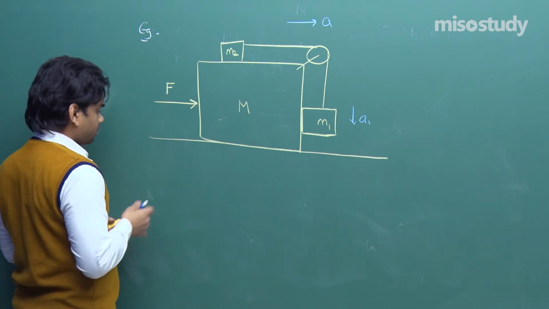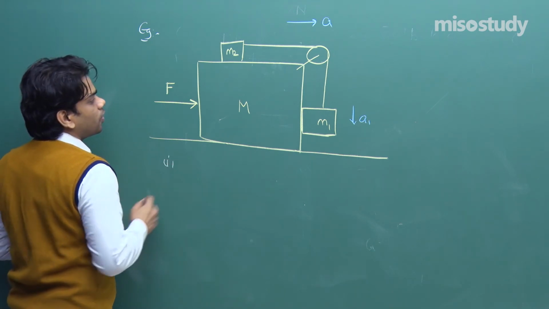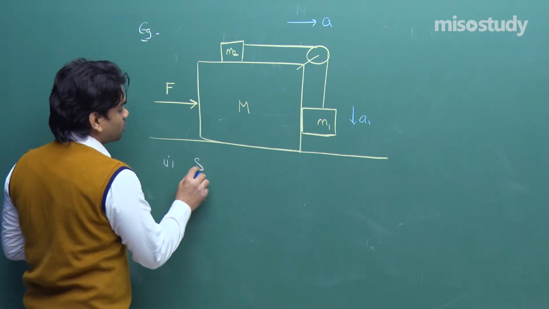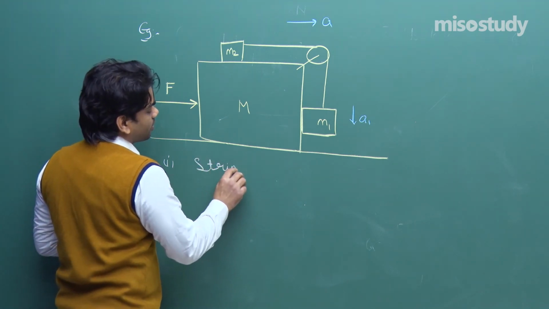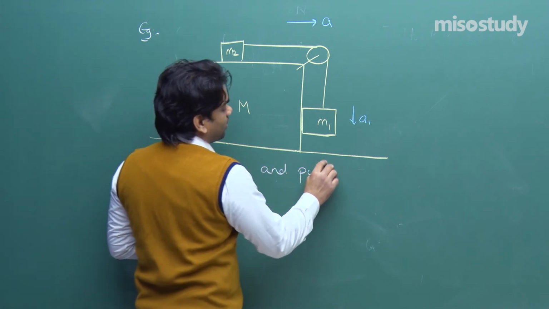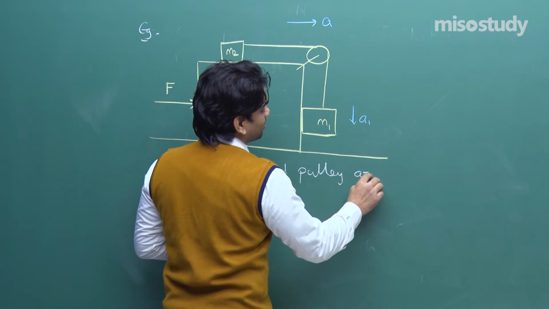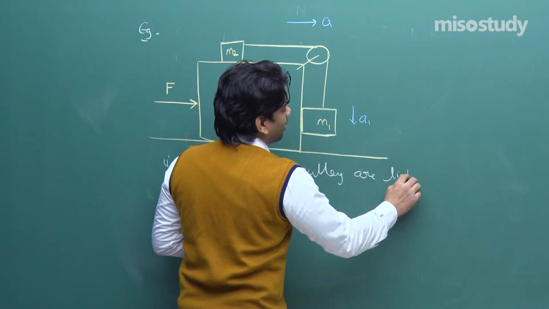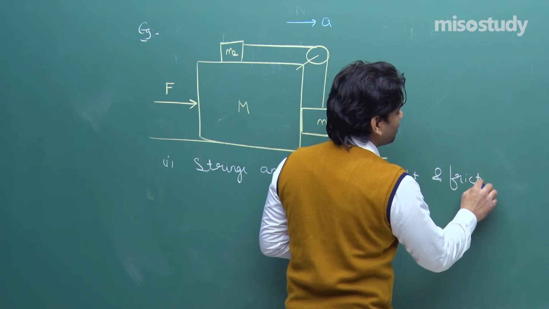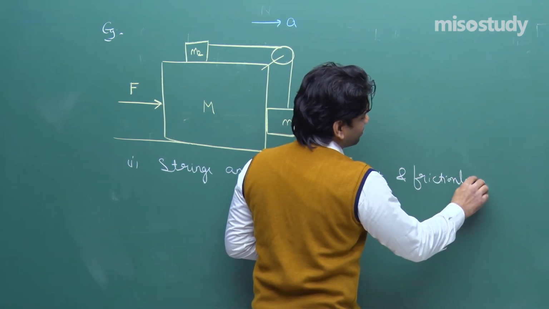So we have been given the following information. First, as shown in the figure, the strings and pulley are light and frictionless. I have told you this meaning several times.